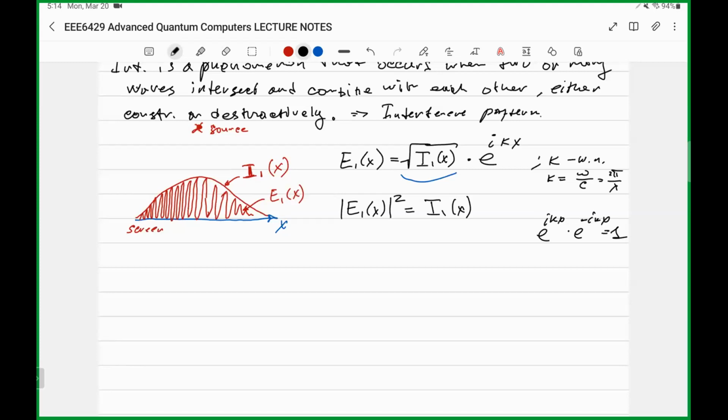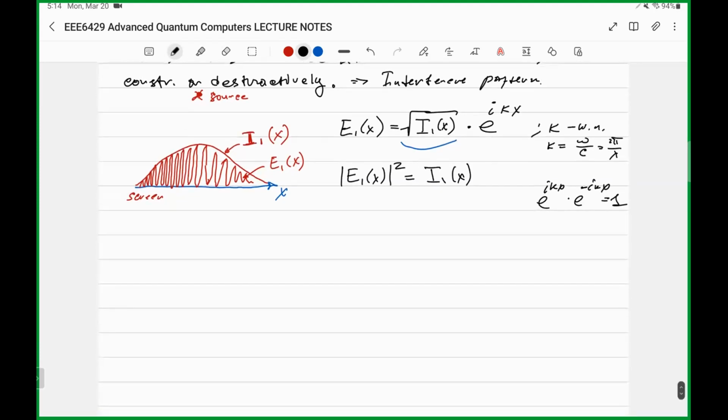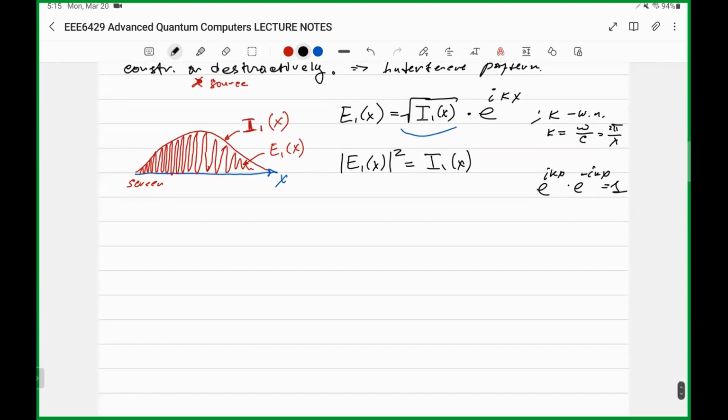So I normalize my electric field so that the square of its absolute value gives me the intensity. So the intensity is the envelope of my light source, and this electric field has its phase, right?